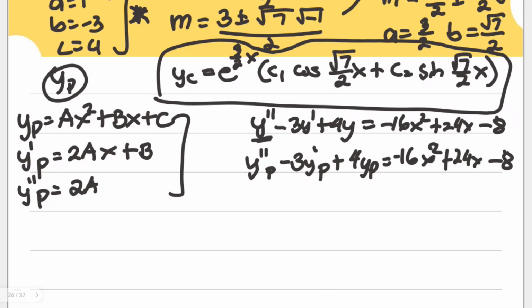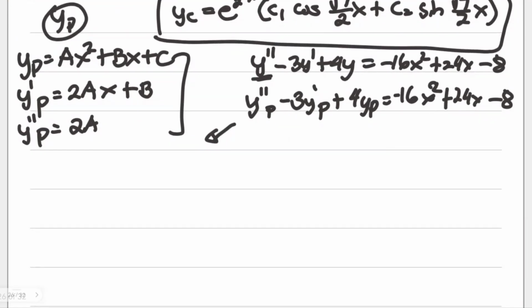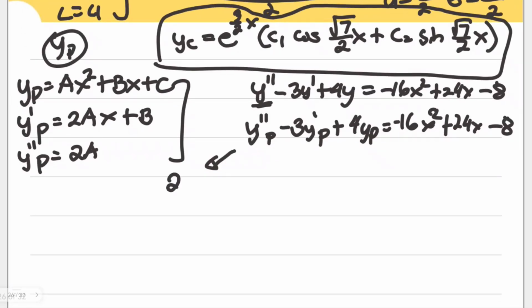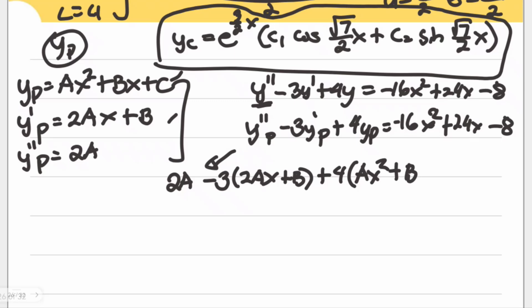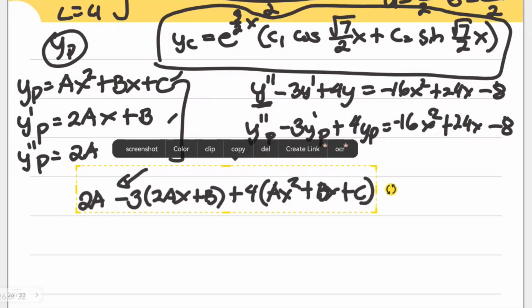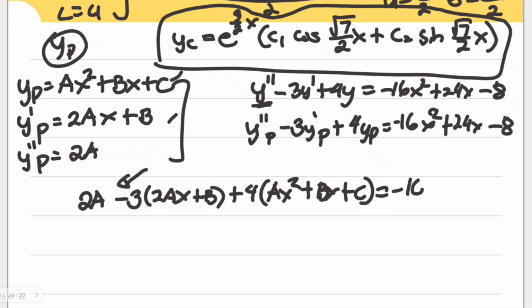Okay, so by substitution, you will have here, I'm going to use this space here, and of course I might be using additional spaces later, so please bear with me. You have 2a minus 3 times this 2ax plus b plus 4 times this, you will have ax squared plus bx plus c, and this is equal to minus 16x squared plus 24x minus 8.